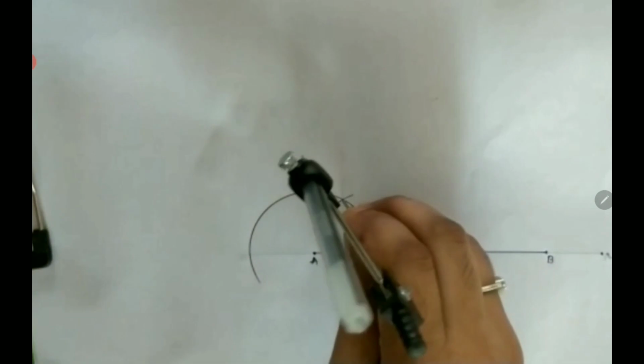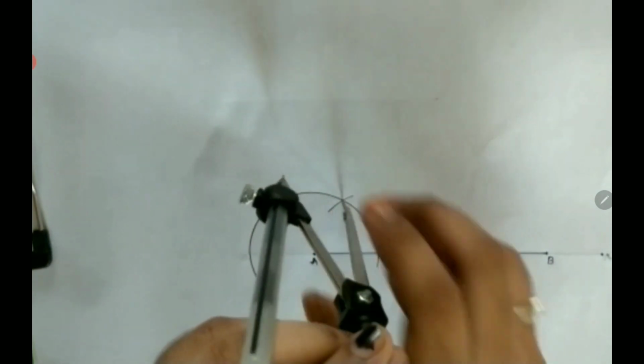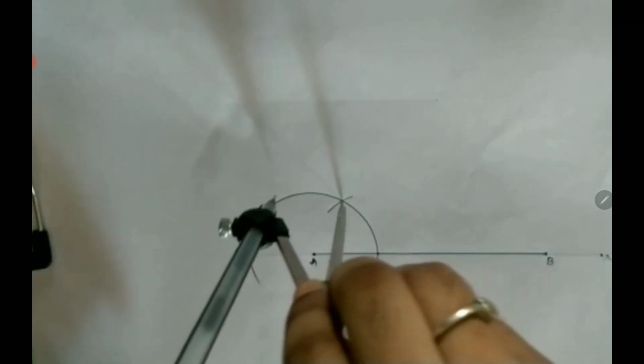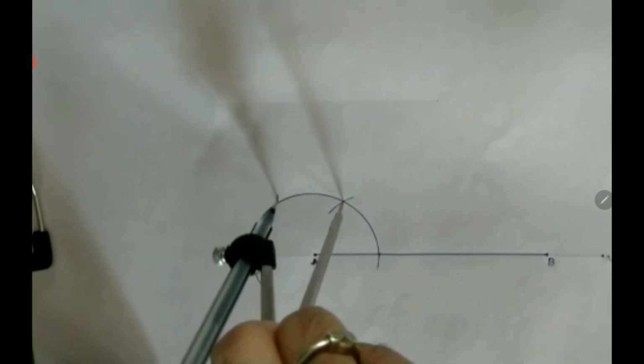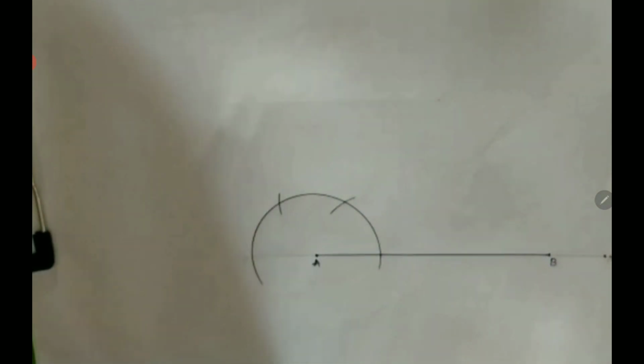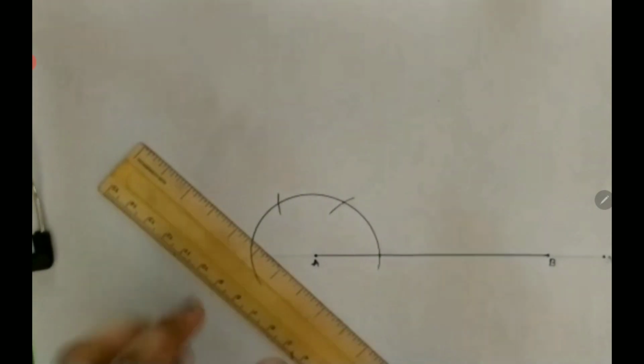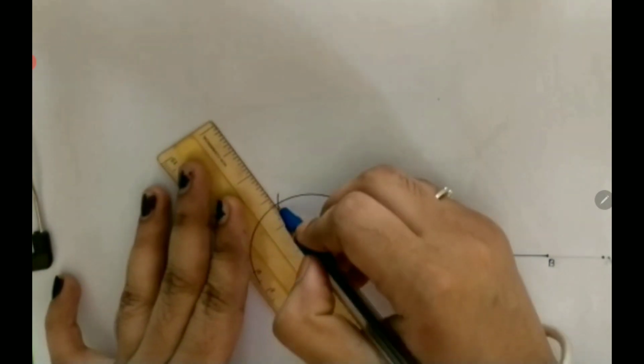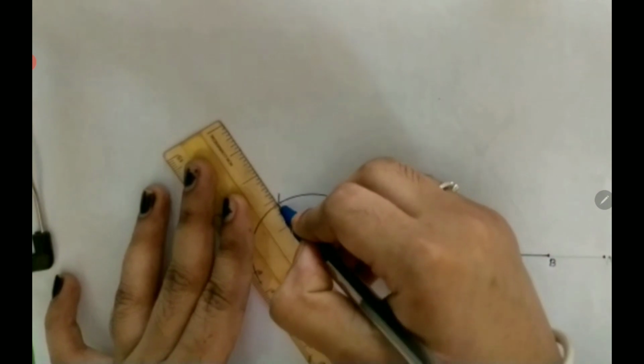Again, without changing the radius, cut the first arc, that is for 120 degree. So you got it. The third point is for 120 degree.